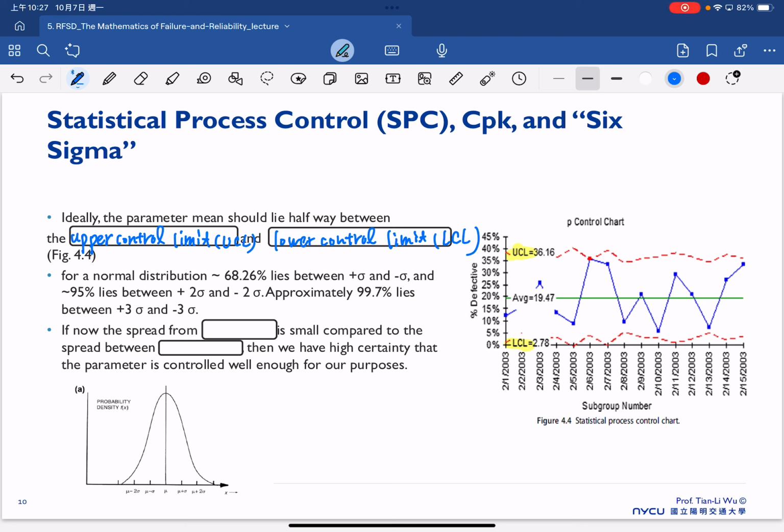And the reason we call it 6 sigma is because, as we already said, for a normal distribution function, around 68% is between plus and minus 1 sigma. Around 95% is in between plus 2 and minus 2 sigma. And around 99.7% is between plus 3 and minus 3 sigma. So that's why we call this a 6 sigma control.